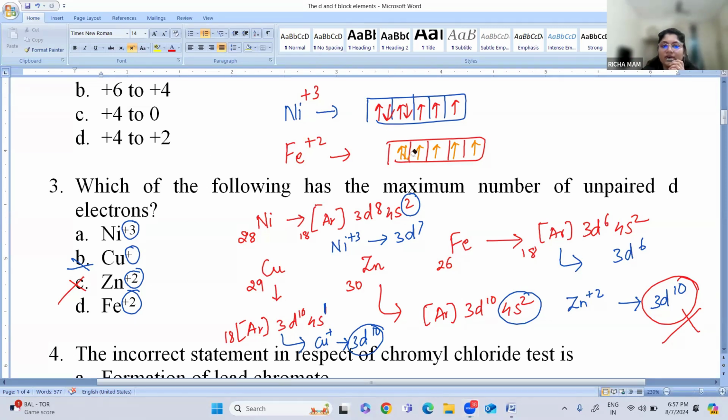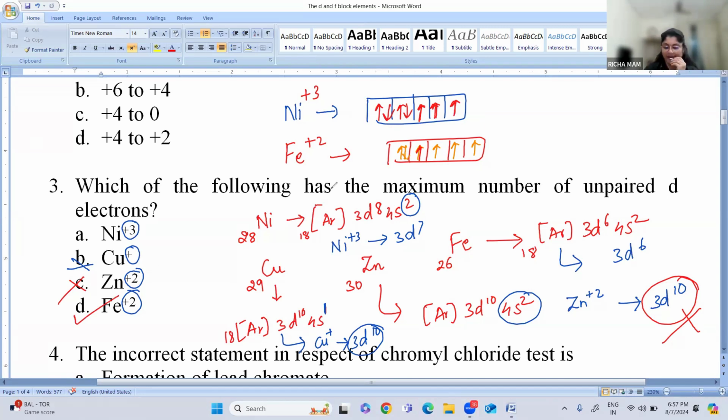First the electrons are filled singly and then the pairing will take place. Now, which is having the maximum number of unpaired electrons? Here there are 3, and here there are 4. So option number D. Is it clear now?